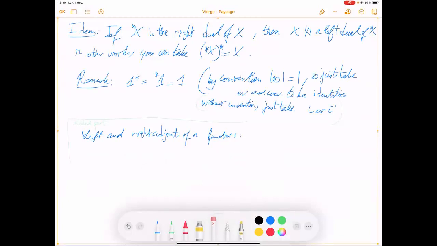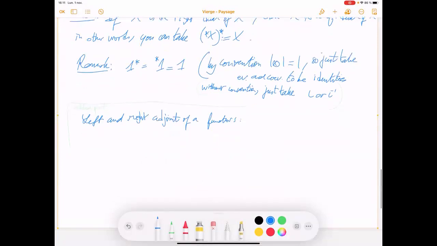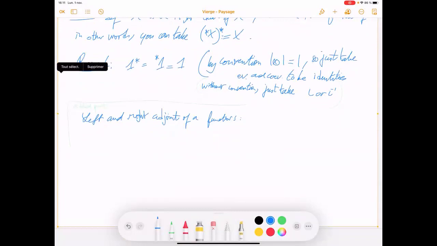Okay, so let's restart. So what about the notion of left and right adjoint of a functor? Let C and D be two categories, not necessarily monoidal, but locally small.